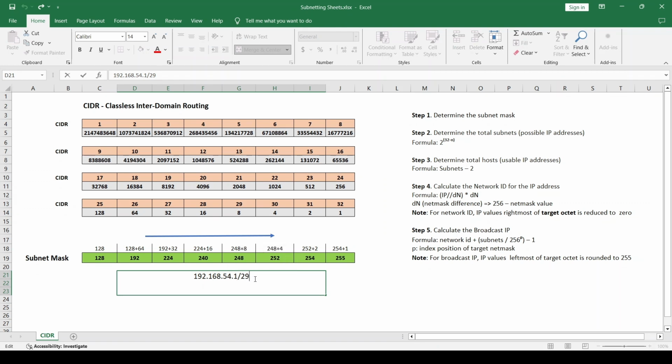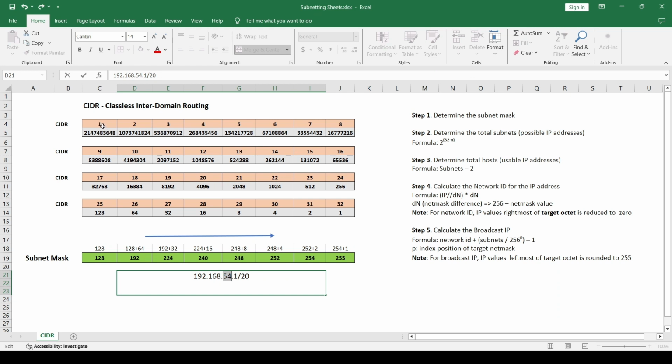Okay, another example. If we have, let's say, a slash 20 network, we know that the first 8 bits have been reserved. The second 8 bits, altogether making 16, have been reserved. And then it does not use up the remaining 8 bits, which would make it 24.